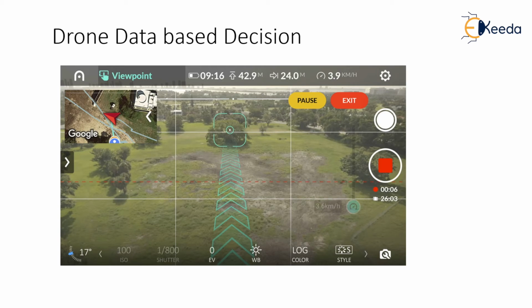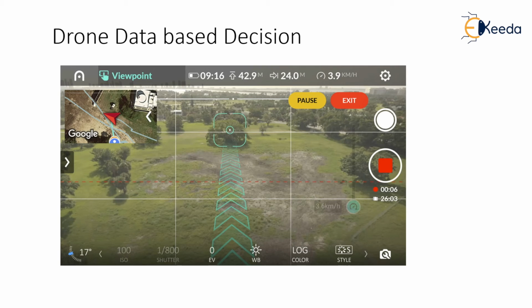The real-time video coming from the drone is used to detect whether there are any stationary vehicles on the side of the road or whether there are any violations done by a vehicle. As soon as it is detected that there is a violation happening, the pilot can be immediately informed and the drone can be taken to that particular vehicle.